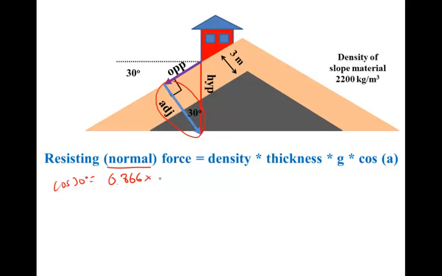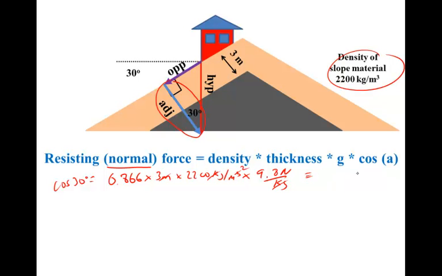We take that number times thickness of the slope, 3 meters, times 2,200 kilograms per cubic meter, the density of the slope material in this example, times the constant G, 9.8 newtons per kilogram. Kilograms cancel. That meter cancels one of those.